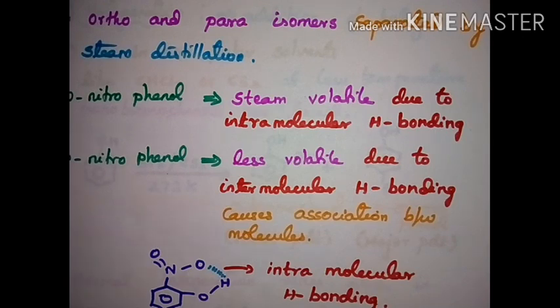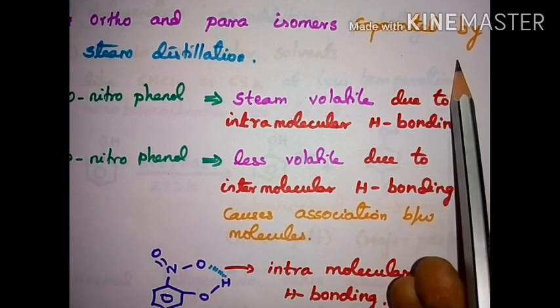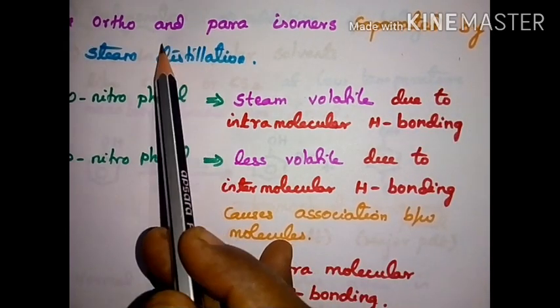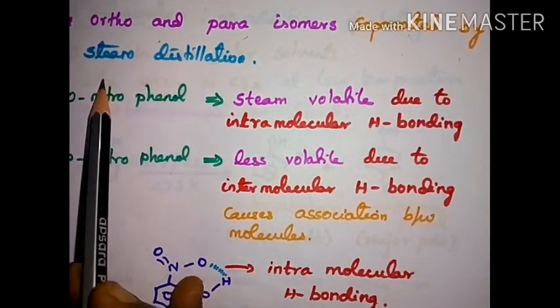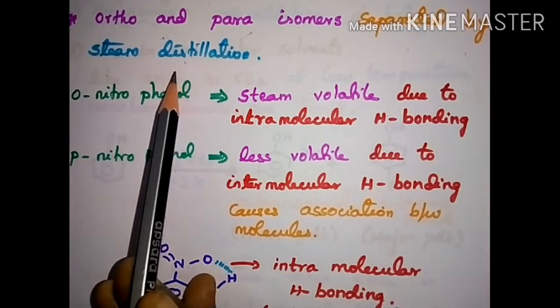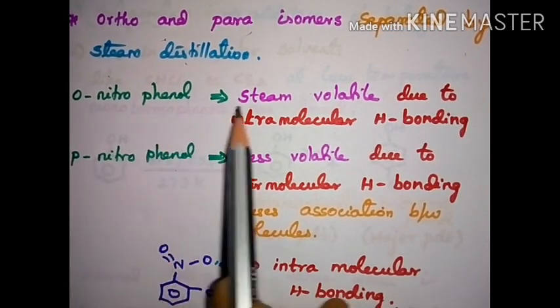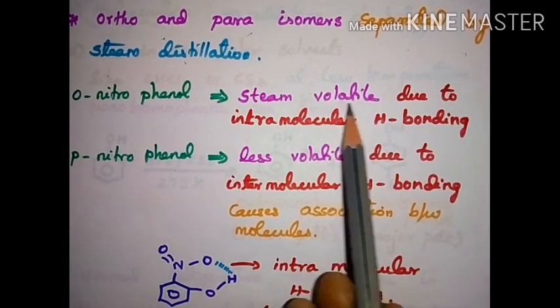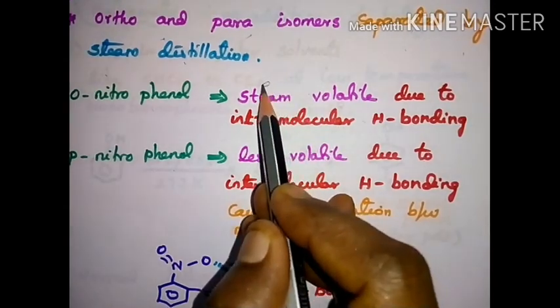Now these ortho and para isomers are separated by, how will you separate these two isomers? We get ortho nitrophenol and also para nitrophenol. How will you separate them? By using steam distillation. First, orthonitrophenol is steam volatile due to intramolecular hydrogen bonding, that means easily volatile.